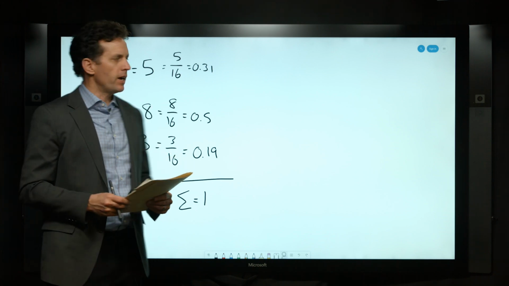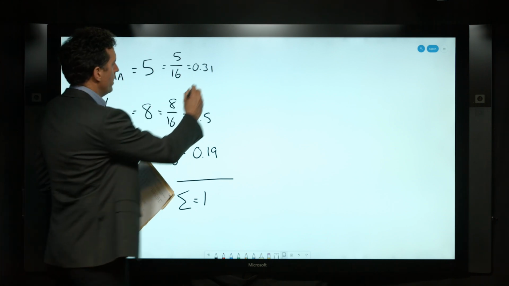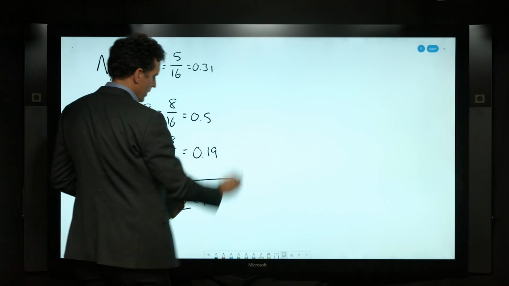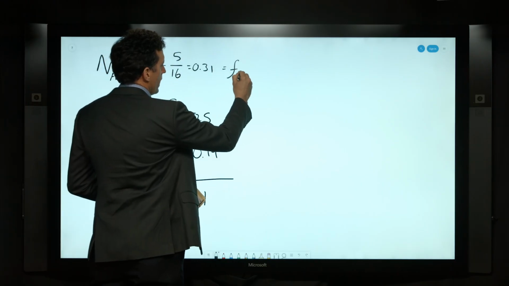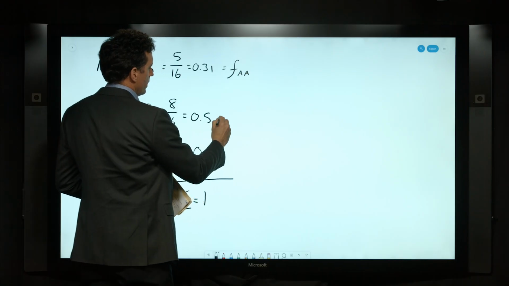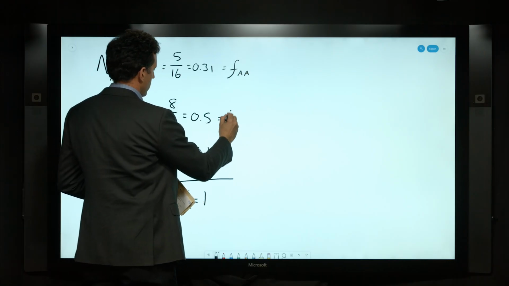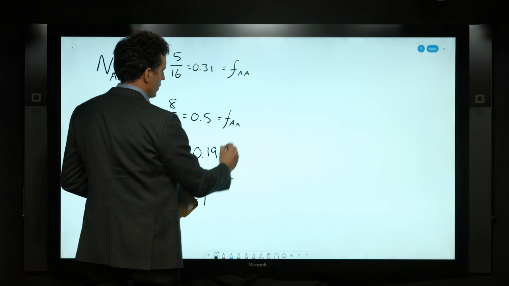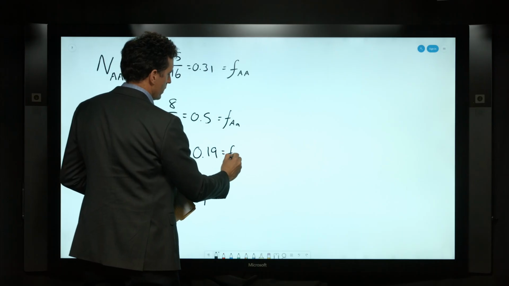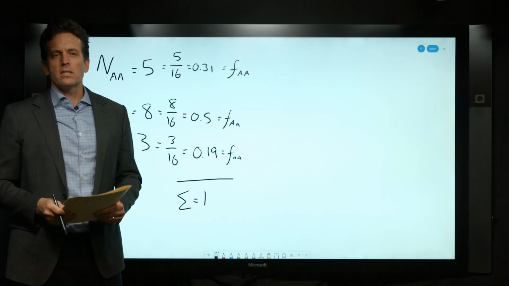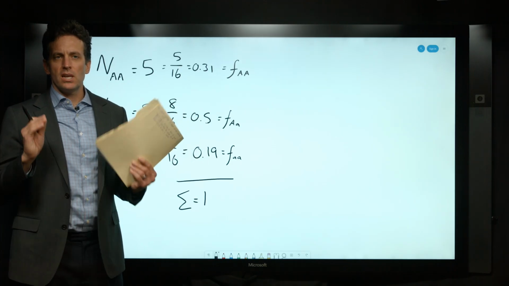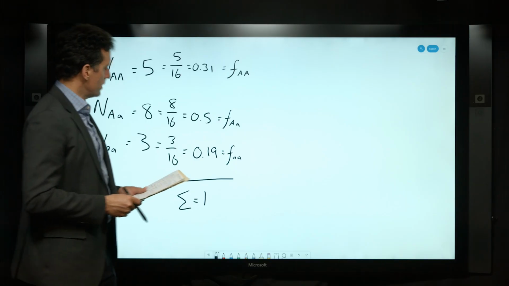All right, so we've counted up our genotypes and how frequently they occur in the population. And in fact, let's define those as frequencies here, just so we have the terminology. So this here is the frequency of our big A genotype. This is the frequency of our big A little a genotype. And this is the frequency of our little a genotype. And so those are the frequencies of the genotypes. And what we would like to ask is, what is the frequency of each allele? And so let's figure that out then.